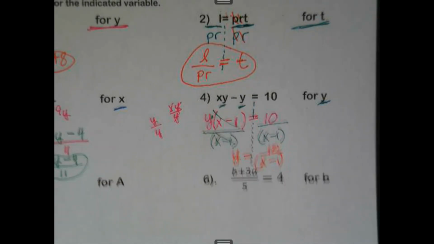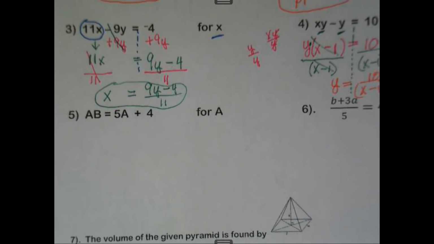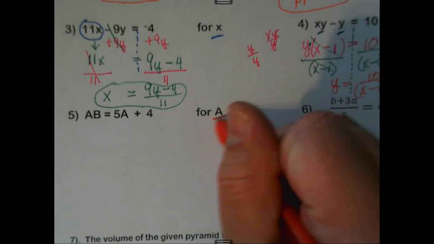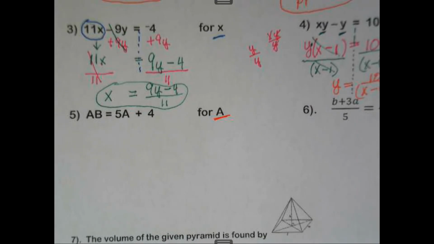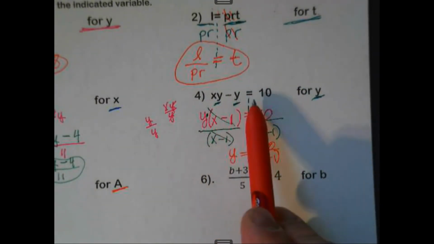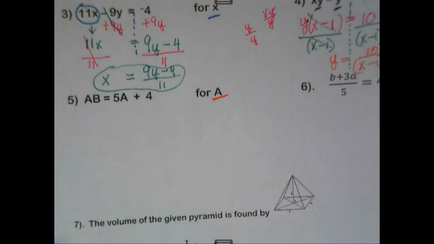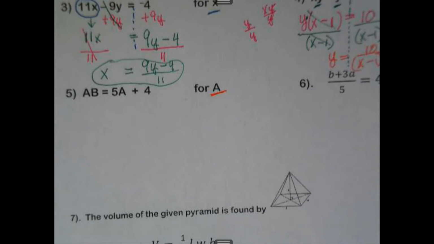All right, number 5. I have AB equals 5A plus 4. This time I'm going to solve for capital A, which means just like in number 4, where we had two terms with y, here we have two terms with A. So the first thing I want to do is get those same terms on the same side of the equation.